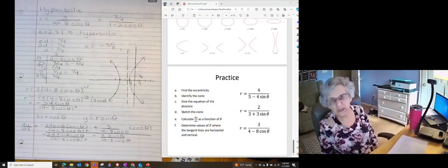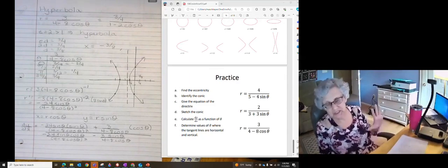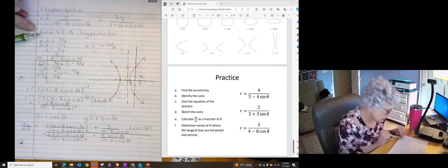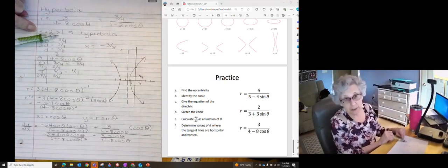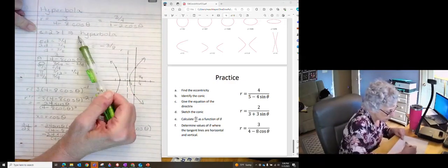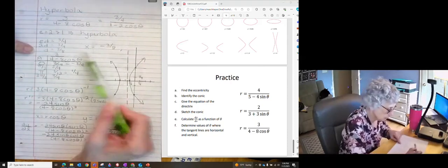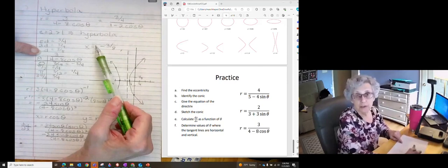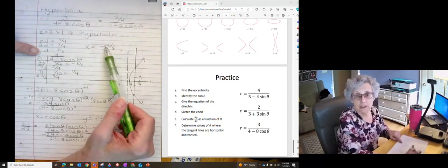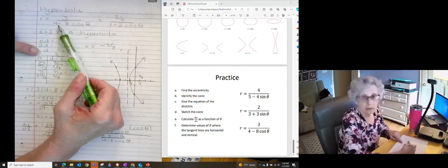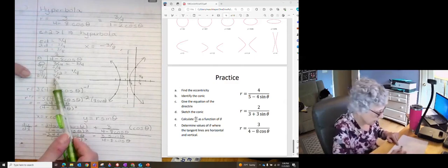I had to work to draw a picture of this one that I thought was good enough. Okay, so I did the plugging in. I figured out it was a hyperbola because I divided everything by 4 and the eccentricity was 2. I found that my d was equal to 3 over 8, so the directrix was at x equals negative 3 over 8 because cosine and minus sine.